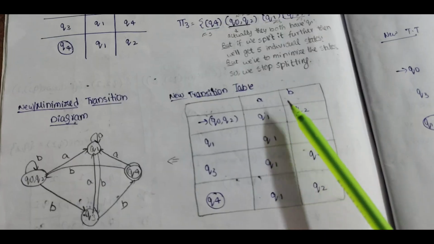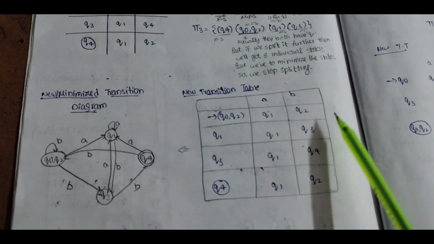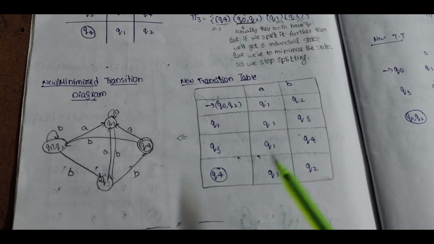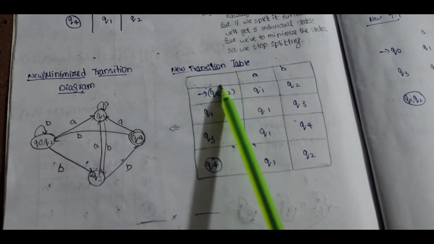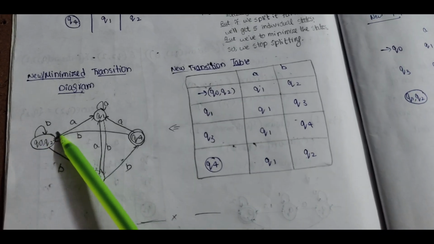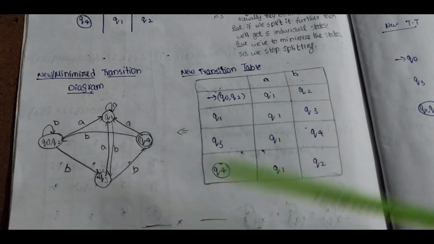So we'll write Q1 and Q2, and the remaining we'll write as Q1, Q3 and Q4. Then we have to draw the new transition diagram, where Q0 and Q2 are considered a single state, and Q1, Q3, Q4 are as in the normal transition diagram.